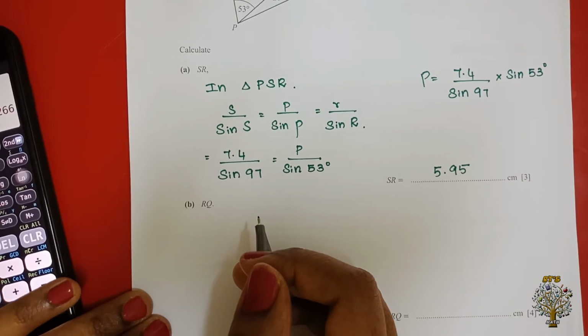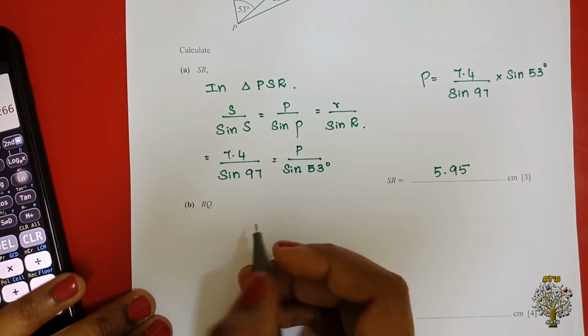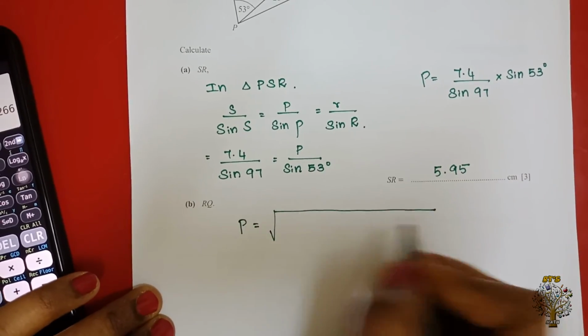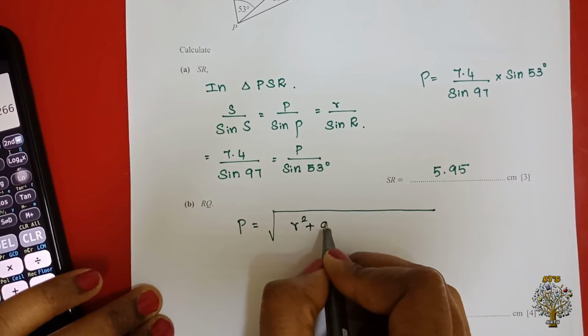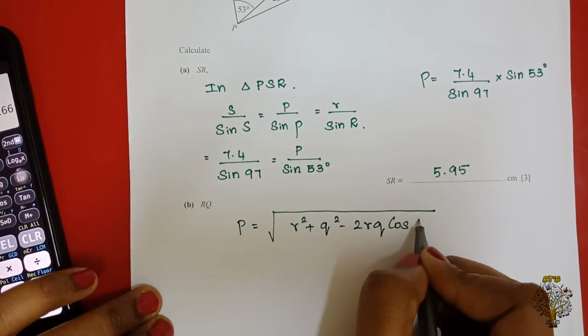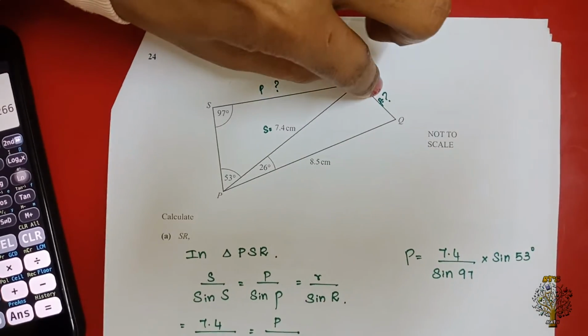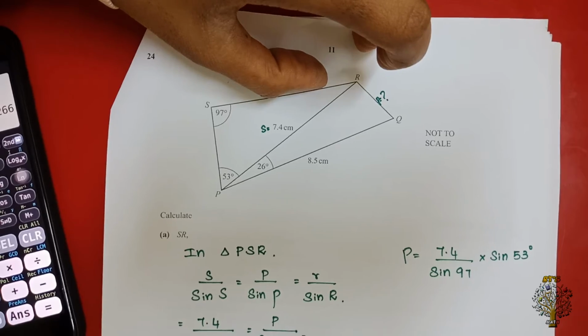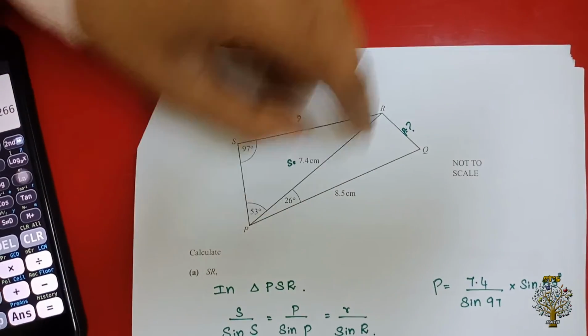So the formula states that p is equal to the square root of r square plus q square minus 2rq cos P. The side I need is RQ. They are asking RQ in terms of p, I'm writing.